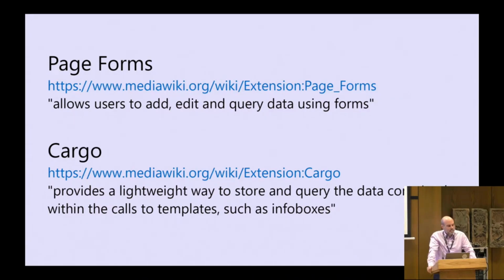It's essentially one of five solutions for storing and querying data within a wiki and editing. The others are OpenCSP, which you just heard about, Wikibase, Visual Data, and of course Page Forms plus Semantic MediaWiki. Well, maybe not, of course, but I think Page Forms and Cargo is the best of those, but you can be the judge.